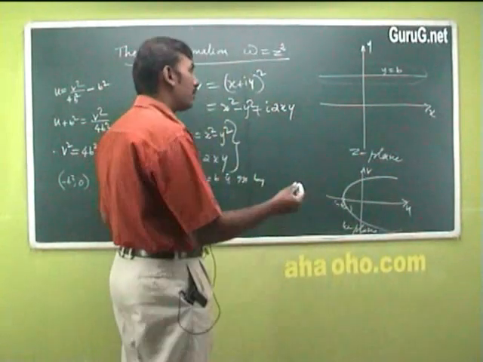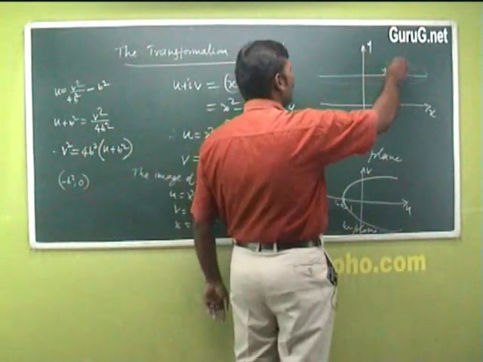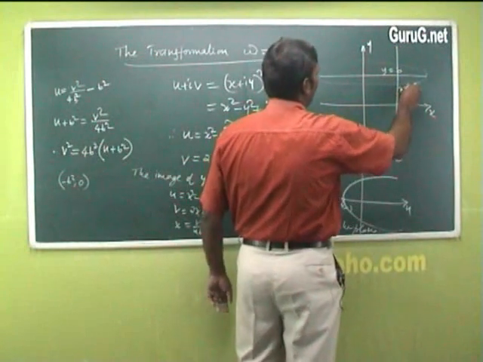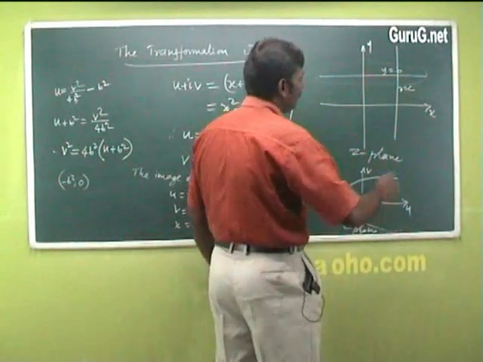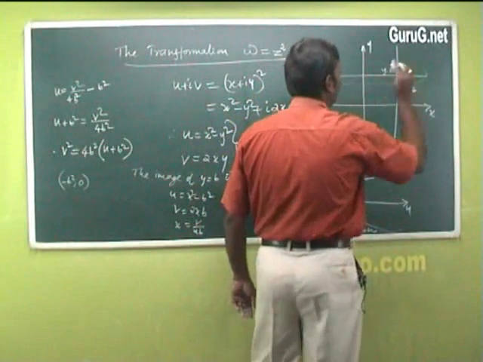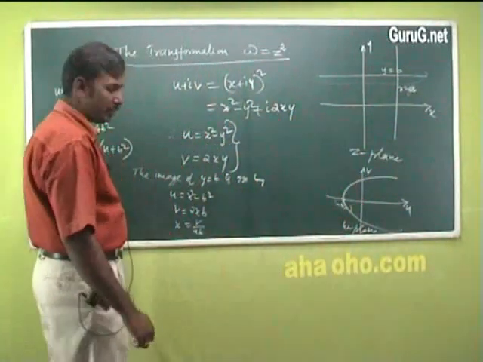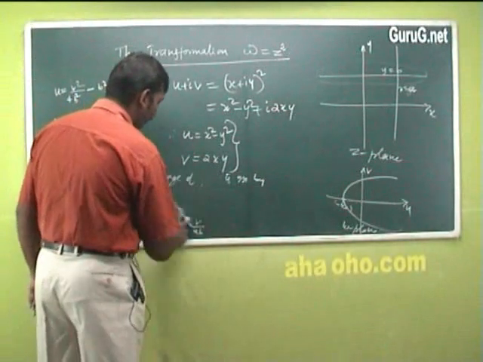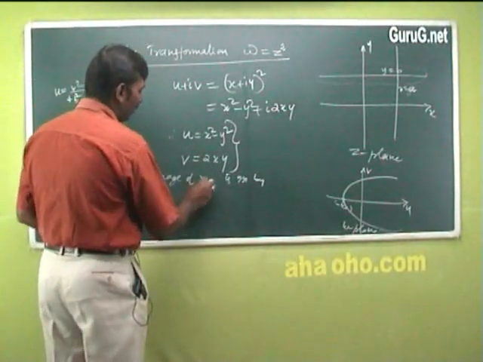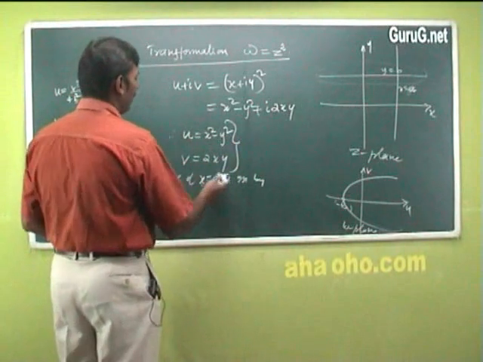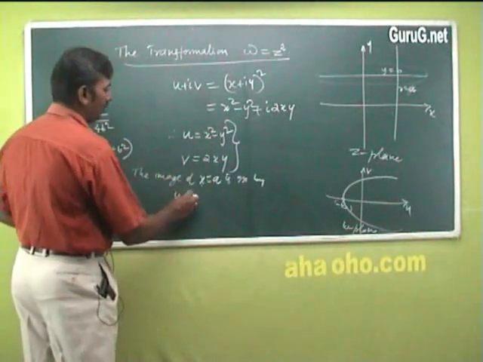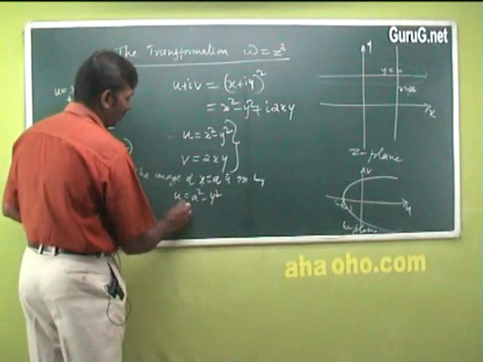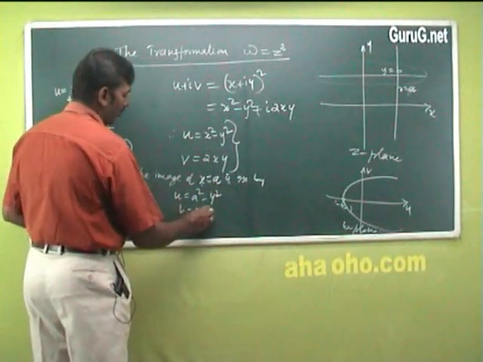Suppose I want to take a straight line parallel to y-axis, x equal to c or x equal to a. You have to find out the image of the line x equal to a. You put x equal to a in this, so u equal a squared minus y squared, v equal 2ay.